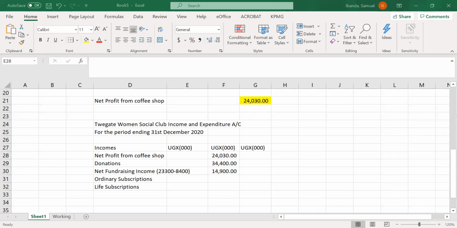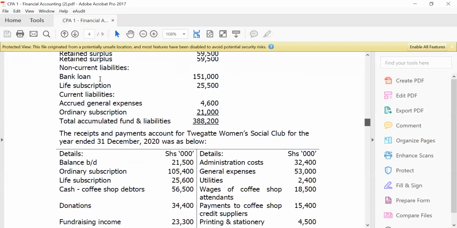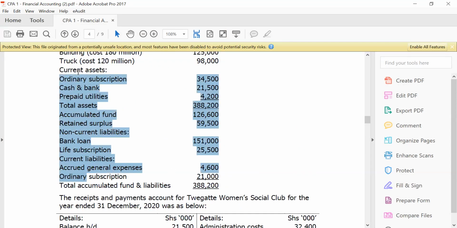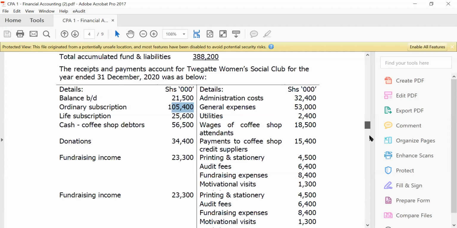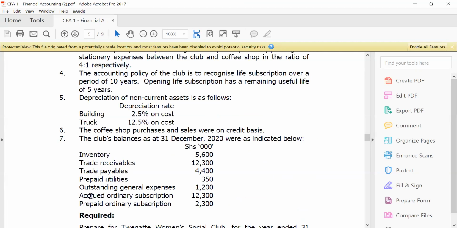First we have opening balances, an opening balance here and an opening balance here. Then we have some ordinary subscriptions that are in the receipts and payments. We also have ordinary subscriptions that are accrued and ordinary subscriptions that are prepaid. So we have about five items of ordinary subscription, but all we need are subscriptions for the year. Those are the subscriptions that are recognized in the income and expenditure.